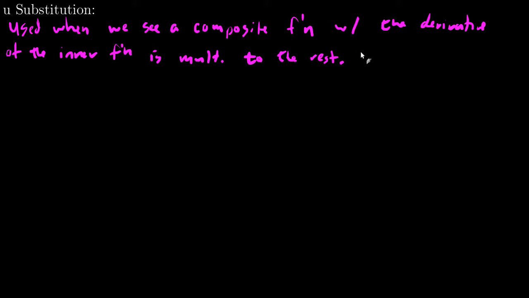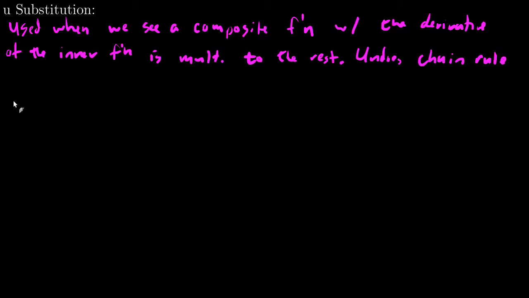It is basically used to undo, so it undoes chain rule. And this is really the second type of integral that I'll always sort of consider.